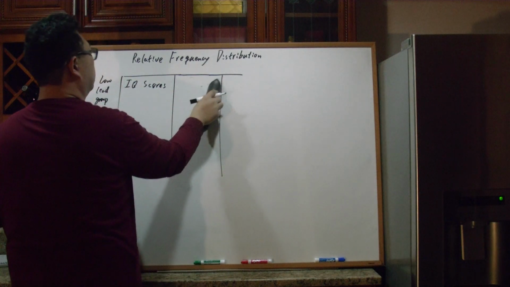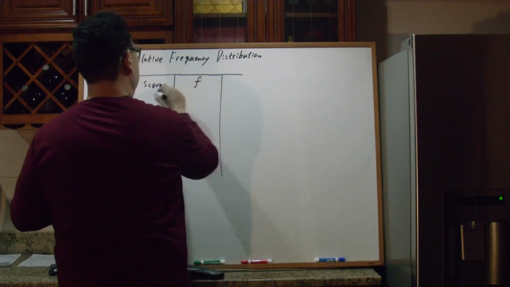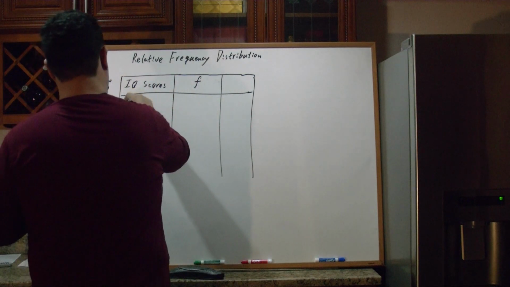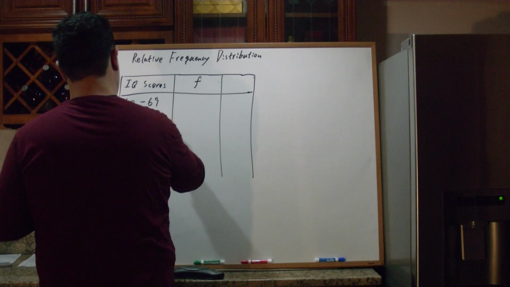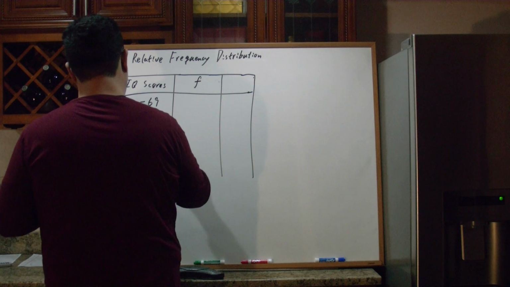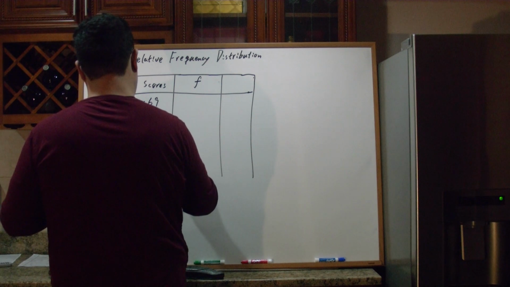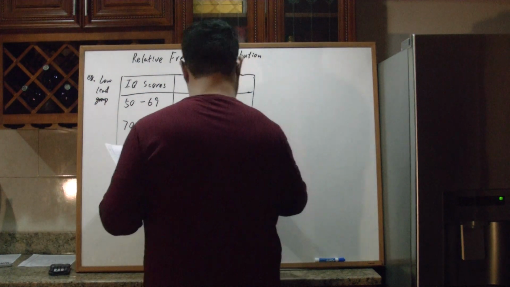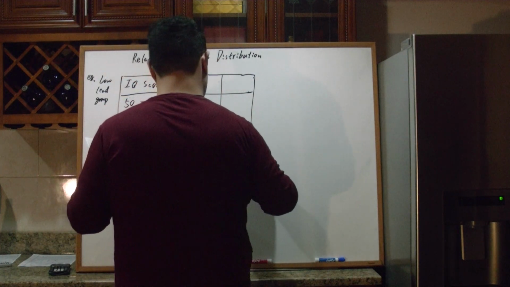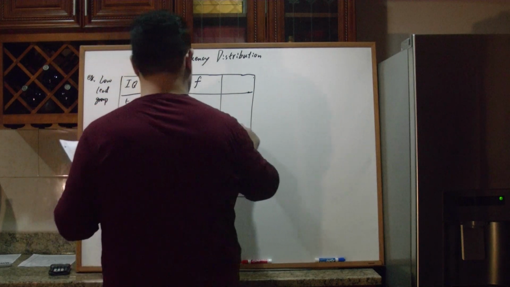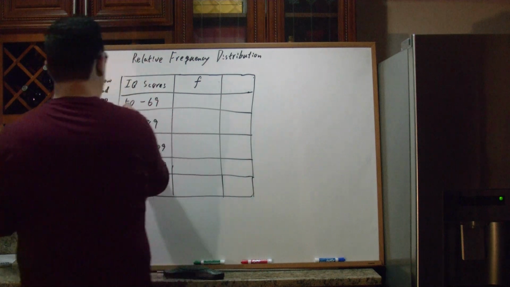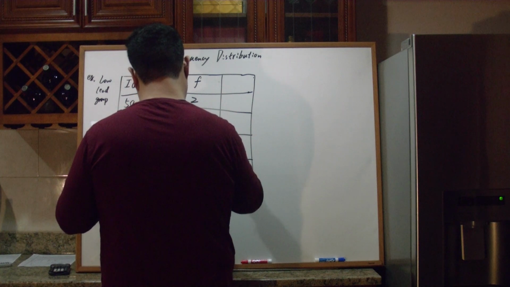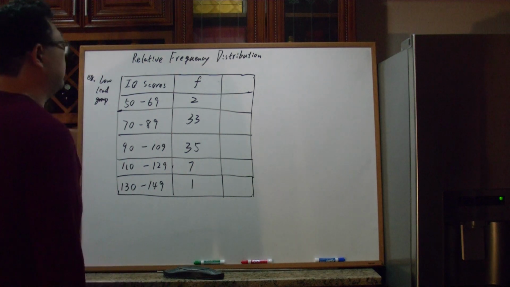The frequency, we can just use the notation F. For the frequency given, we have 2, 33, 35, 7, and 1.